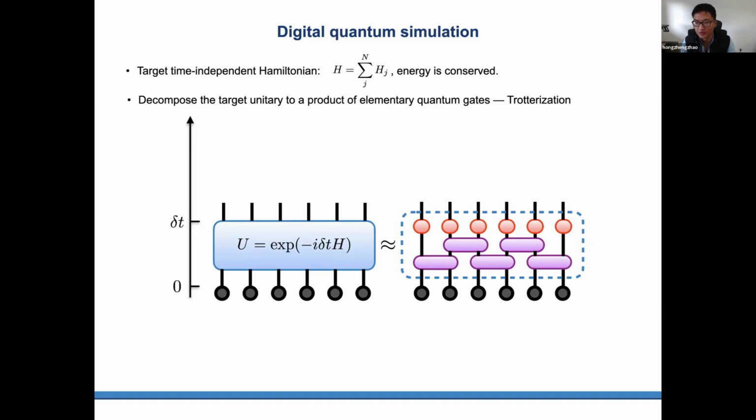In this picture, the black circles represent the qubits, and you can decompose your target unitary into a product of single-body rotations or two-body gates. This decomposition is very precise if the step size delta t is relatively small.